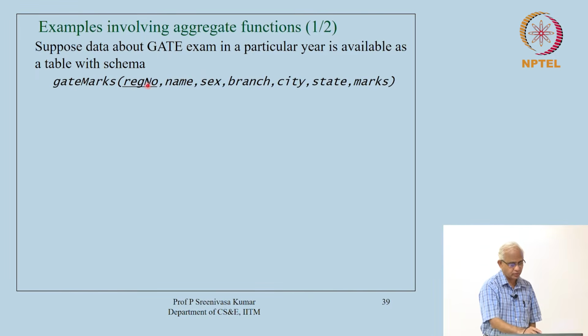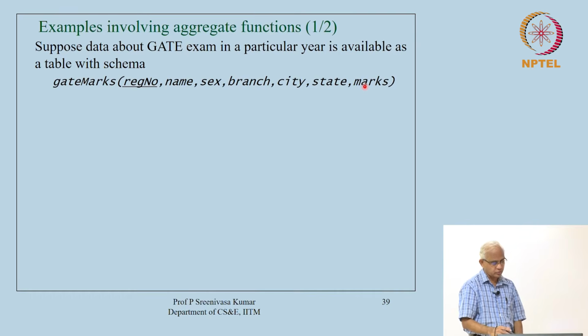So, GATE marks: registration number is the key, and then name, sex, branch, whether it is computer science, ECE, civil engineering, etc. So, what is the branch of engineering in which the GATE exam has been taken, what is the city of origin of that person, what is the state in which that city exists, and what are the marks obtained by this student. So, let us assume that this kind of data is available, and we will see how exactly we can make use of this to compute various items of interest.